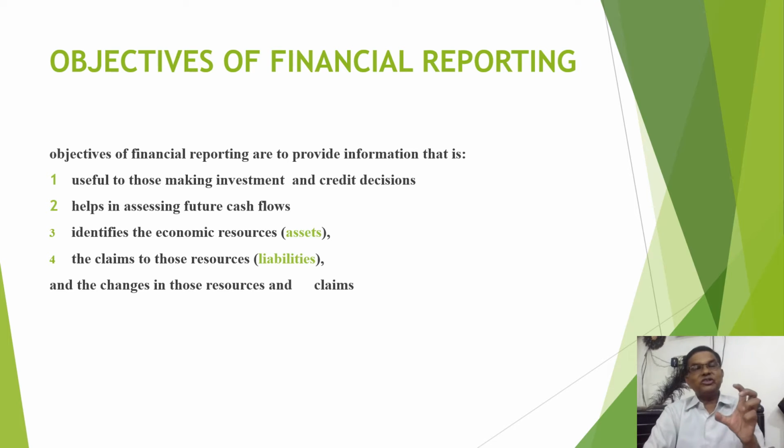And the resources from where we have got the money, basically there are two sources of finance for any business: the owner's contribution, called capital, and the loans and advances which the business takes from banking institutions, financial institutions, friends and relatives. This is called liability because we have to repay it in the future. These are the basic things which are very important in accounting.